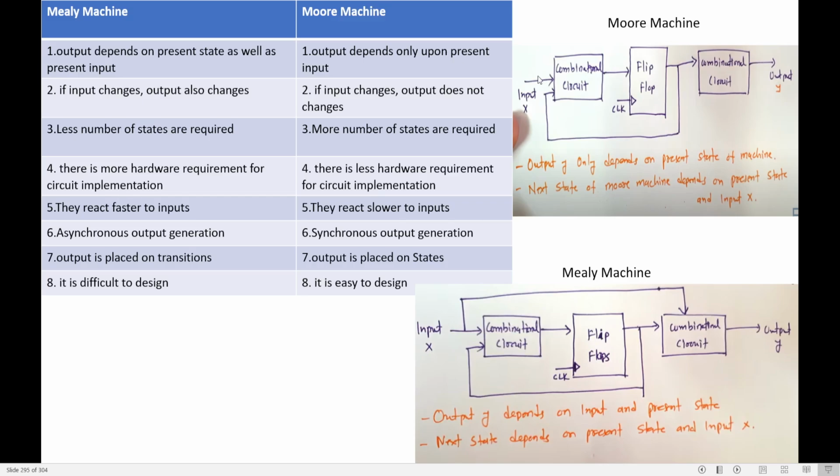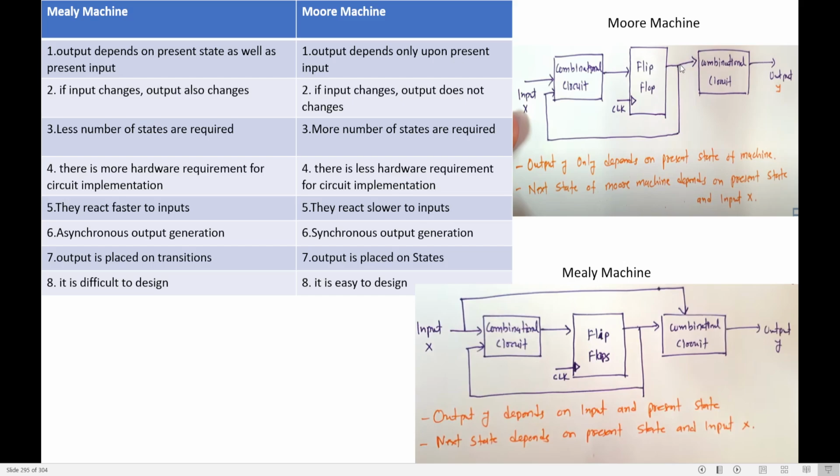Clear? Shall I repeat? If input is given to a combinational circuit, you know what is a combinational circuit? The output of a circuit depends upon the input. That output of the combinational circuit is given to a flip flop, where it is stored. Whatever comes out of the flip flop is the present state of that flip flop.